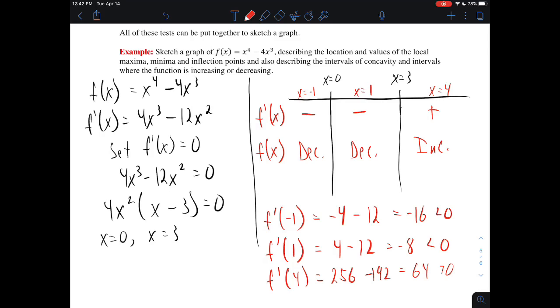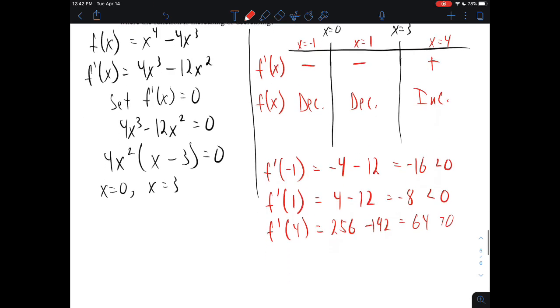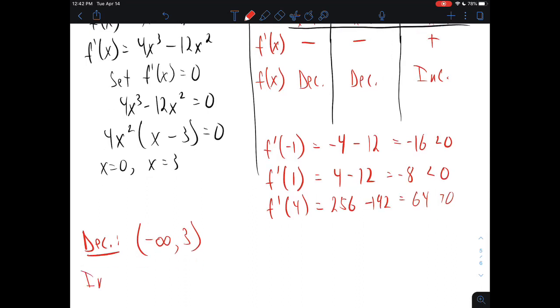So we can answer a couple of questions so far. Intervals of where the function is increasing or decreasing. So we can say decreasing, that's on the interval all the way from negative infinity to x equal 3. And then increasing, that's from 3 to infinity.